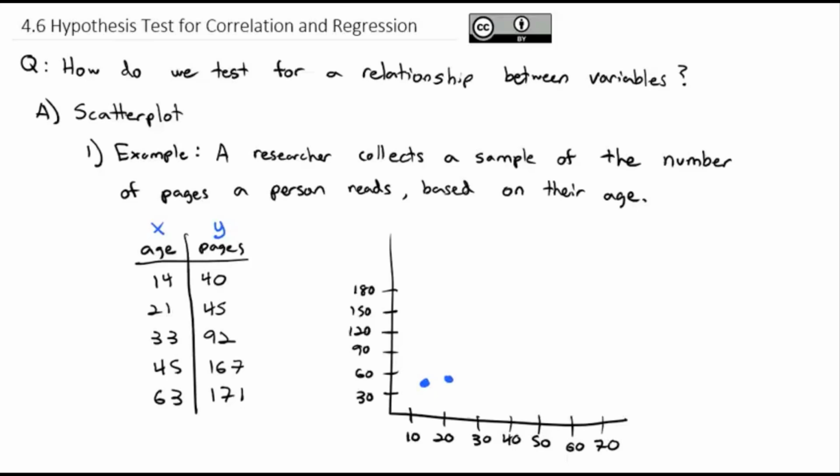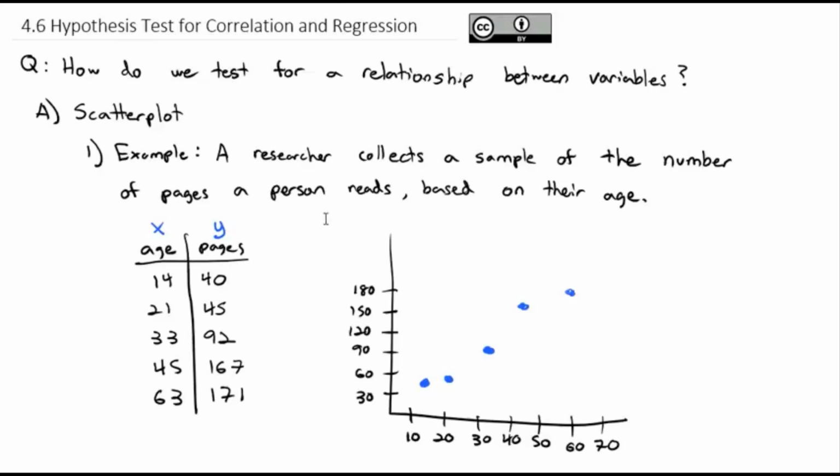Then there's a 33-year-old who's going to go up to 92 pages. A 45-year-old who will go up to 167 pages. And a 63-year-old who will go up to 171 pages. And so we kind of can see a relationship here.